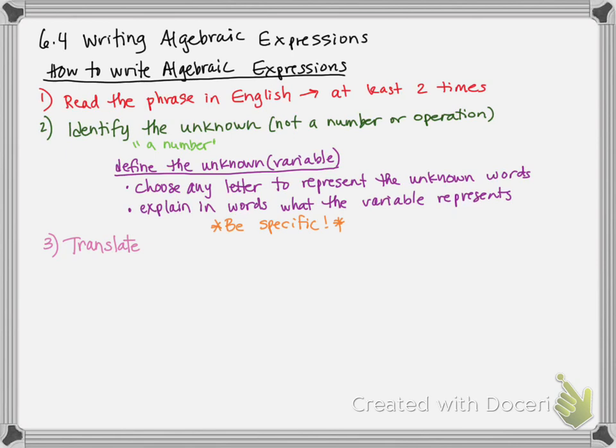So for us, we're going to translate the English into numbers, operations, and variables. So remember, operations just means adding, subtracting, multiplying, or dividing. And variables, that's going to be the ones we don't know.